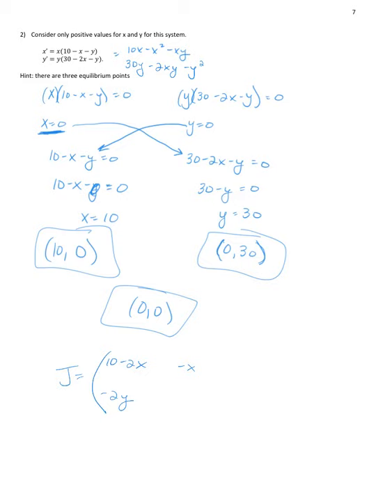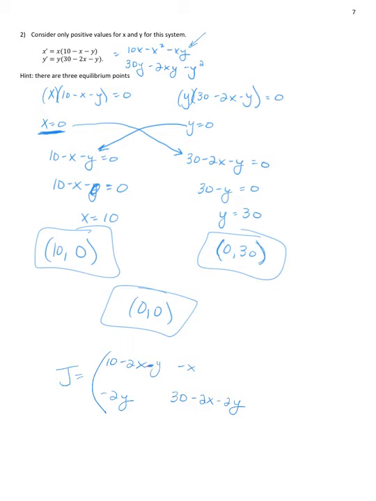And with respect to y, I get 30 minus 2x minus 2y. I think I messed up the first one. This one with respect to x would be 10 minus 2x minus y.